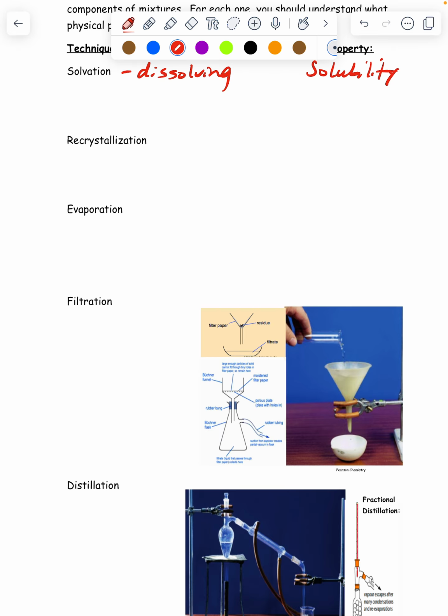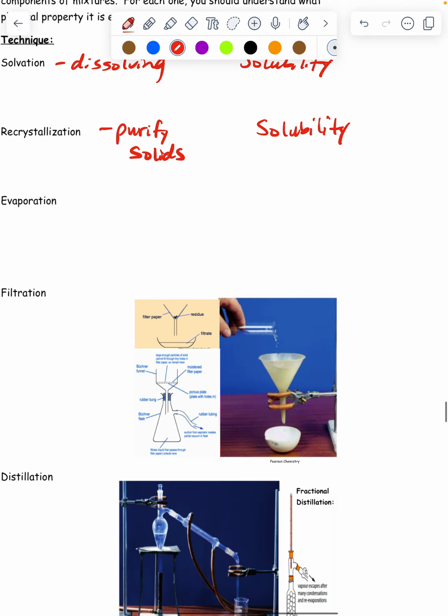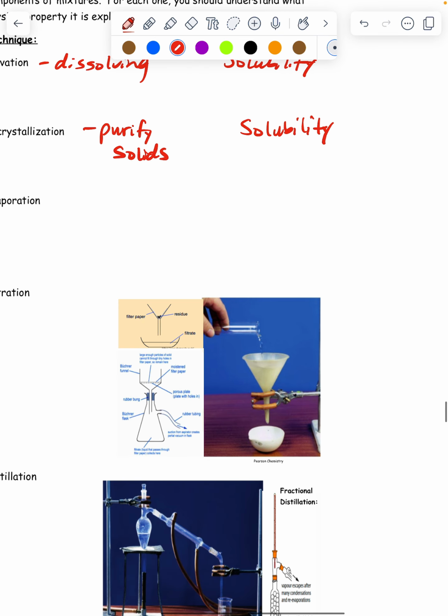Recrystallization is rather complicated. It's a technique used to purify solids that you've made that have impurities, and it's also based on solubility. It's not going to be a real main focus now, but it is on the syllabus. So the idea essentially here is that you dissolve a solid and its impurities, and you pick a solvent where the impurities are more soluble.